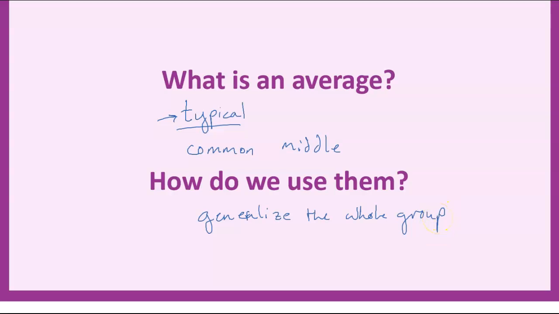So it's a number or a figure or a value we take to represent the entire set of things. And that's why we calculate these measures of center, because we need a way to represent large groups of things. We need a way to think about them in an aggregated way.